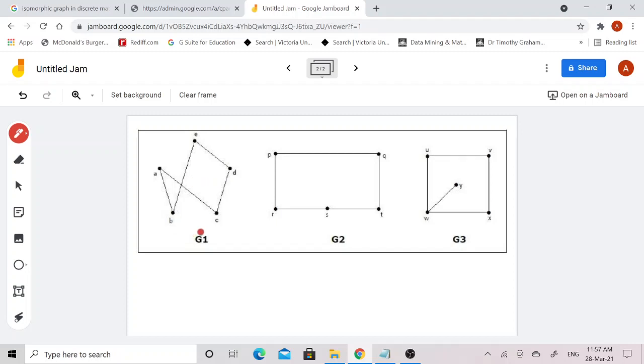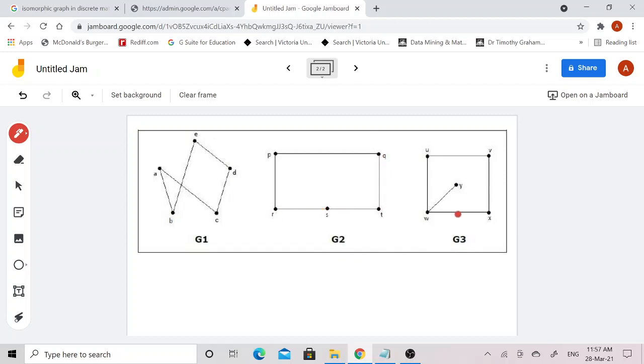Here in the graph G1, node 1, node 2, node 3, node 4 and node 5. It means there are total number of 5 nodes present in graph G1. In graph G2, the nodes are 1, 2, 3, 4 and 5.